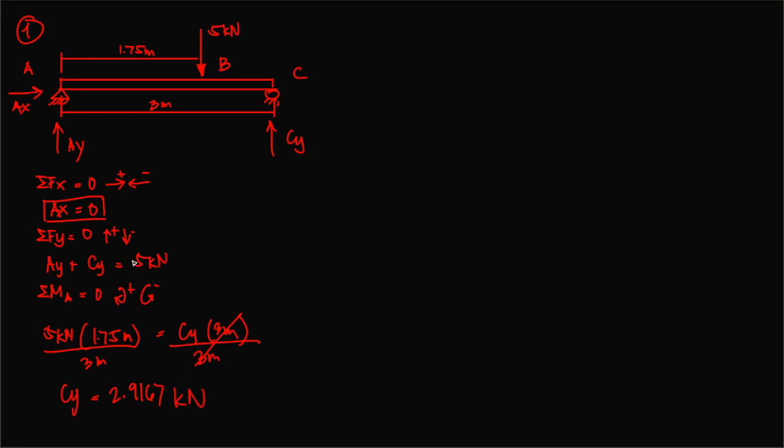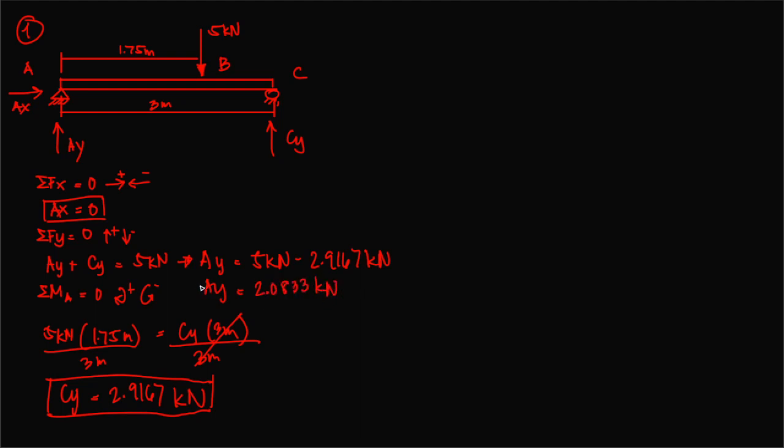kilonewtons. Now we are able to solve for Ay by simply transposing Cy here. We will be having the equation of Ay is equal to 5 kN minus 2.9167 kN, and then Ay is simply 2.0833 kilonewtons.